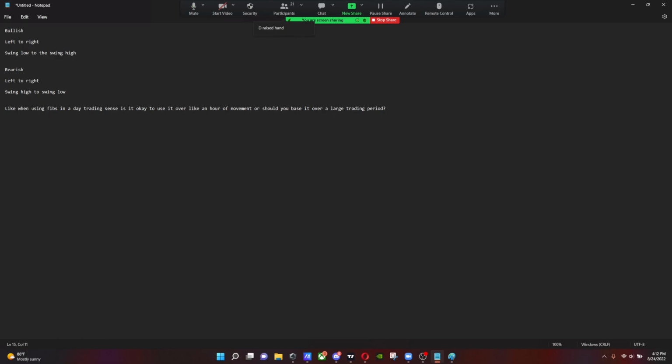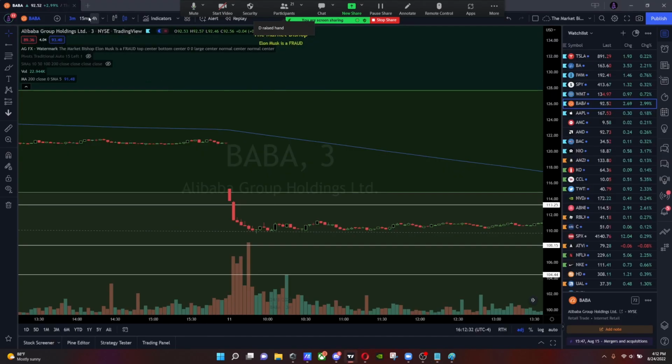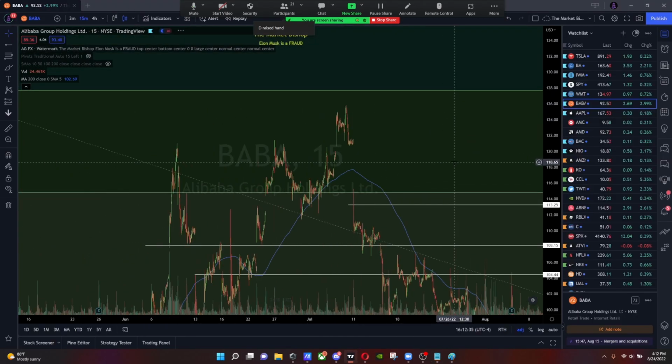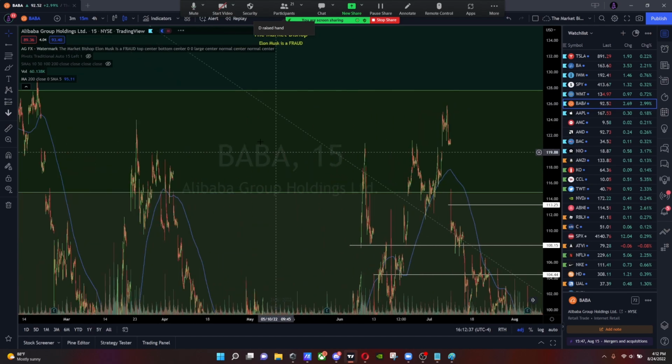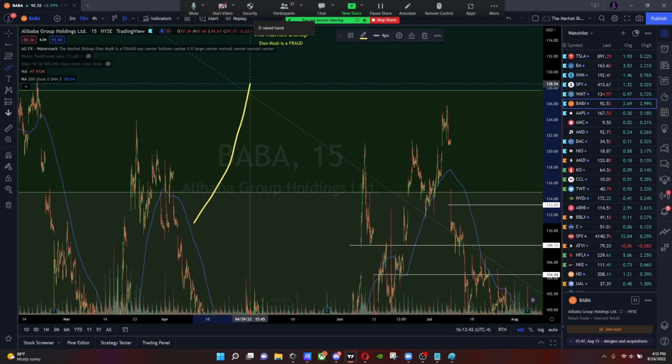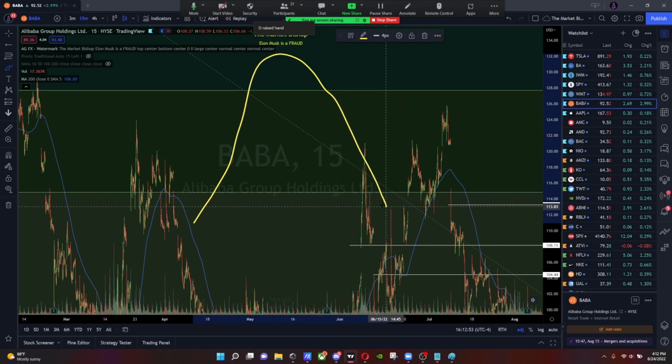As I said before, Baba broke above the 30% to 50%, and the riskier entry is obviously entering at the 50%. But that doesn't mean it's the wrong entry. You could still enter at the 50% and still profit pretty well. You just need to make sure you enter a risky position using other types of confirmation, like other indicators, price action, and volume analysis. If you use that, that's fine.